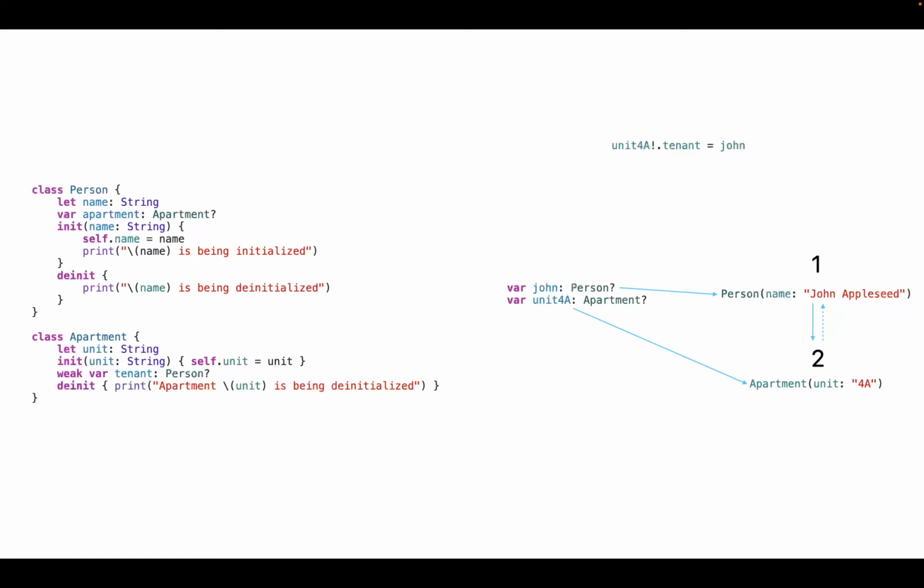So if you destroy the apartment instance here, because the variable John is still referring to the person instance, it will still have the reference count of 1, because that is a strong reference to that instance, so it will not be destroyed. Yeah, because in here, the apartment instance is weakly referring to the tenant. That doesn't affect the reference count at all. So even if you destroy the apartment object, it will not affect the reference count of the person instance.